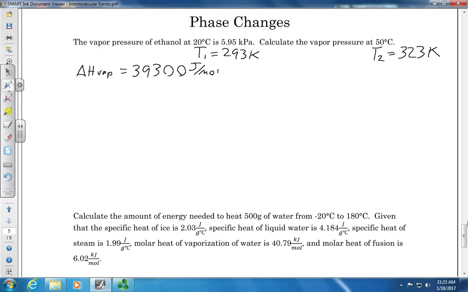So that formula is the natural log of pressure 1 over pressure 2 is equal to the heat of vaporization over our R constant, which is the gas constant, times temperature 1 minus temperature 2, all over temperature 1 times temperature 2.